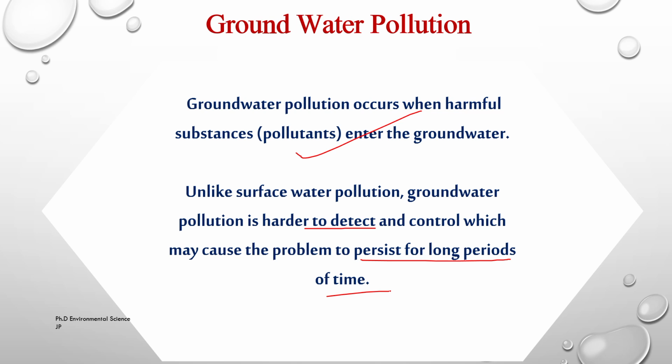Moreover, once pollutants contaminate groundwater, remediation can be challenging and expensive, as groundwater moves slowly and cleanup methods may require extensive time and resources. Thus, the persistence and hidden nature of groundwater pollution makes it a significant environmental and public health concern that requires careful management and prevention measures.